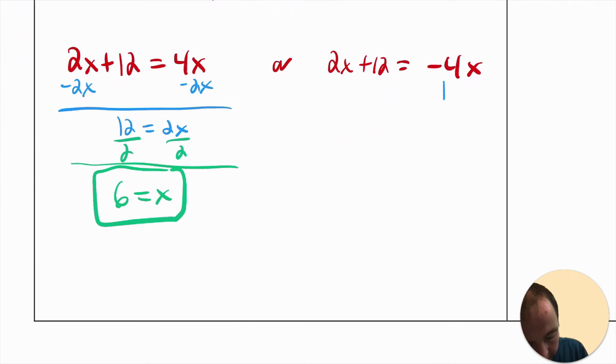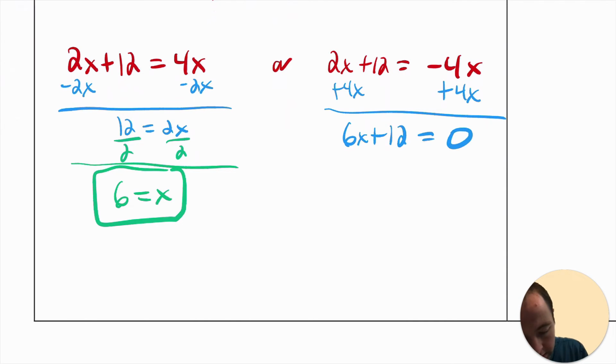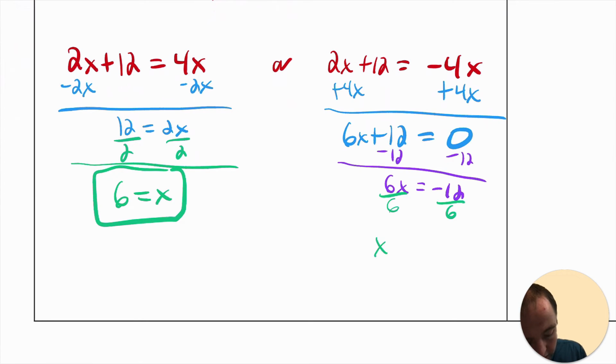Let's add 4x to both sides. That's going to get you 6x plus 12 equals 0. And then I guess we can subtract the 12. So that's going to get you 6x equals -12. And then finally we can divide by the 6. So it's going to give you a candidate answer of -2 there.